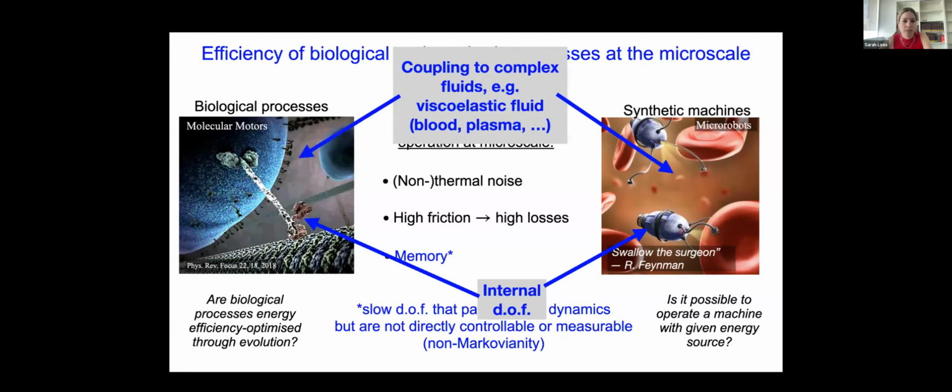Another omnipresent thing is that, in particular in biology, we often have a coupling to complex fluids. Not just the viscous fluids that we like to use in idealized model systems, but viscoelastic fluids. This is true, for example, for blood plasma or the cytoskeleton, and it can give rise to significant memory effects in our dynamics.